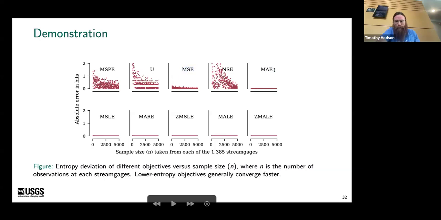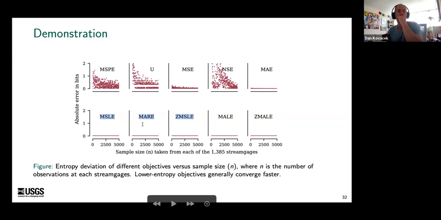For mean absolute error, I'm using Laplacian. For these, I'm using changes of variables. So for mean squared log error, I'm just using the change of variables with log. Over and over again with these toy objectives, I'm applying that one change of variables line to generate these other variants. Okay, thank you.